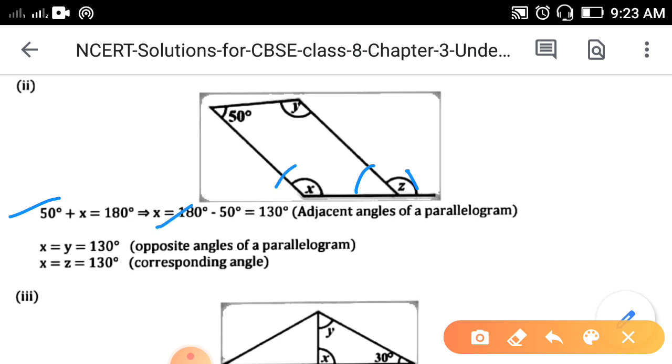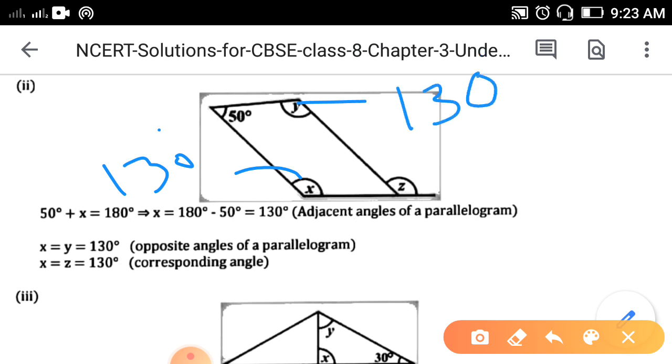Okay. So what is the value of x? It is 130, and x and y both are opposite angles. So y is also 130 degrees. Understood? Okay. x is 130 degrees, y is 130 degrees. Now it remains z.